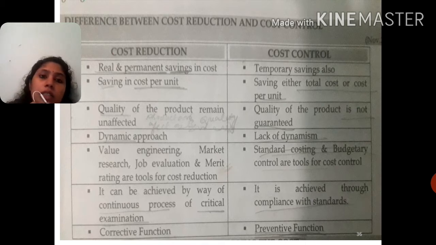In case of cost reduction, the quality of the product remains unaffected. Consider my last example. Last year the cost of production was 10 lakh. This year the cost of production is 8 lakh.